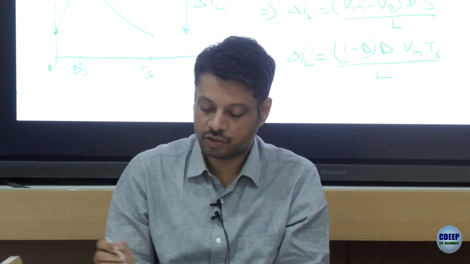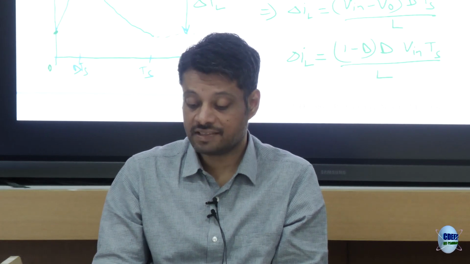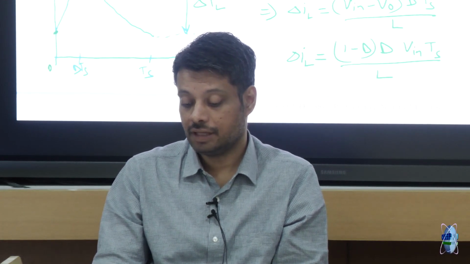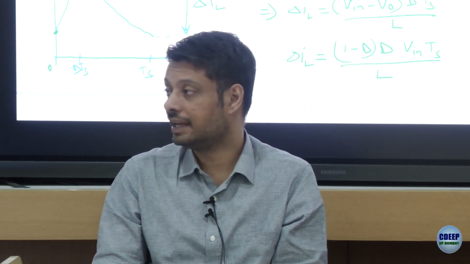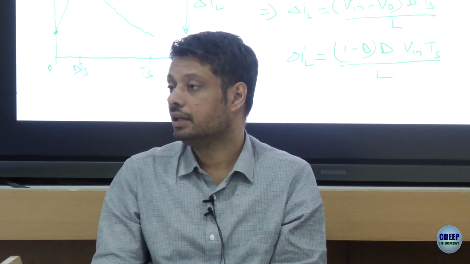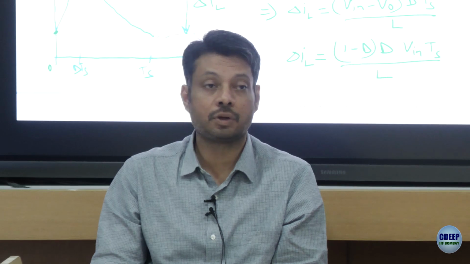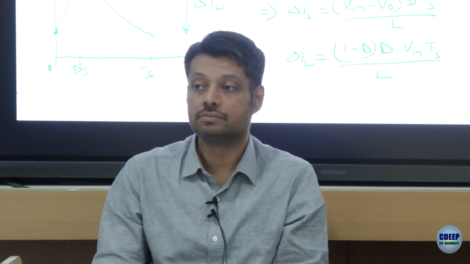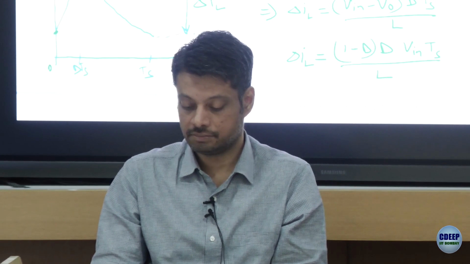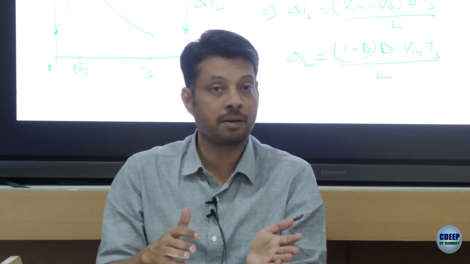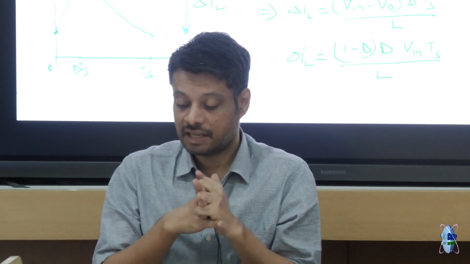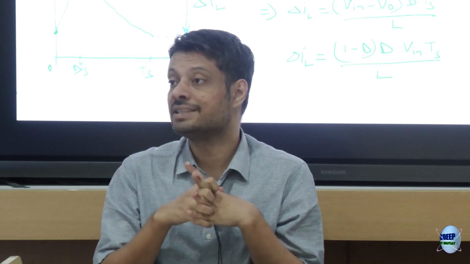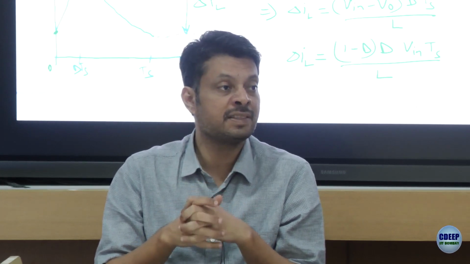Now if I may ask you, what is the effect of inductance L on the ripple? If I increase the inductance, what will happen to the ripple? It will decrease. If I make it double, the ripple will become half. What is the effect of switching frequency on the ripple?